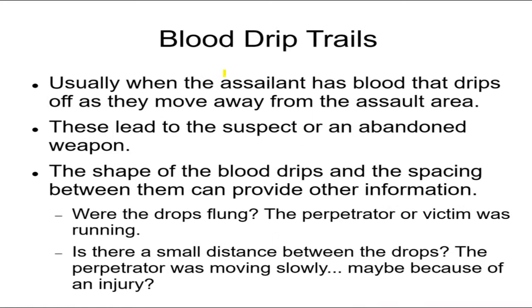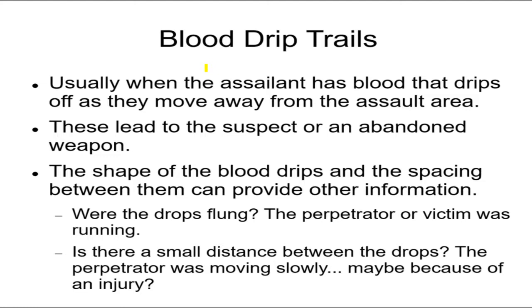And there are the blood drip trails. This is after a person is bleeding and they're walking away, then they leave blood drips as they walk. So as a trail, this can often lead, it's how you can track where the victim went.